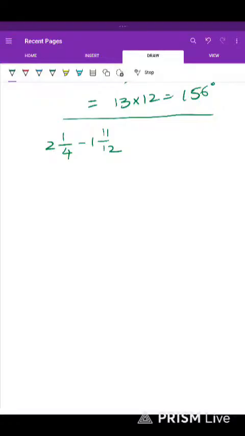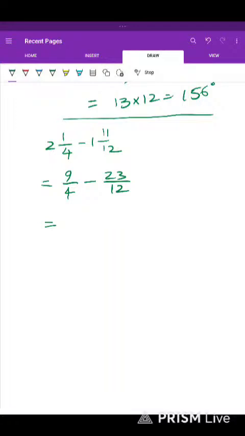So we can just convert them into improper form. 4 times 2 is 8, plus 1, 9 by 4, minus 12 multiplied by 1 is 12, plus 11, 23 by 12. Now we have to make the denominator the same. How can we make the denominator the same?